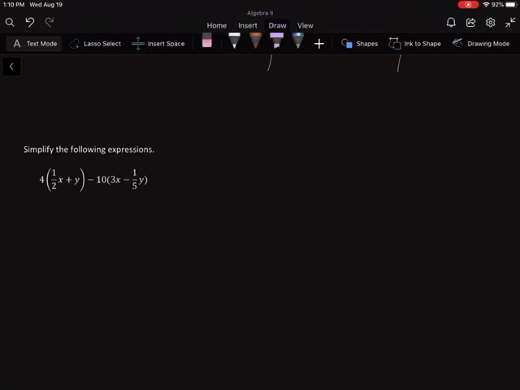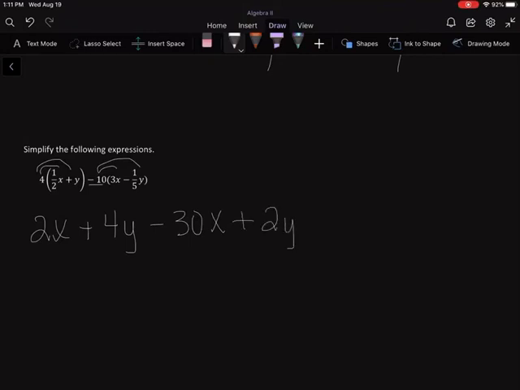All right. And then we're just going to do simplifying an expression. Basically, using the properties. Distribution, adding and subtracting, the identities, additives, and so on. So the first step here would be to distribute these numbers into there. So 4 times 1/2 is 2, and it's 2x. 4 times y is plus 4y. And then I have a negative 10 times 3x, which is negative 30x. And a negative 10 times negative 1/5 is positive 2y.